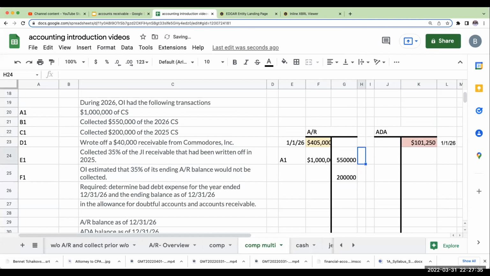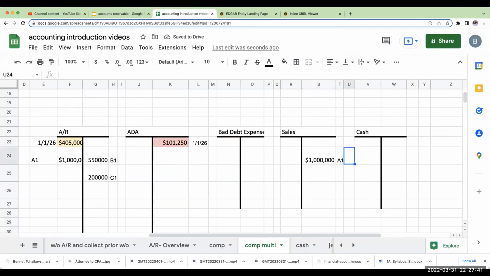So I'm going to go ahead and credit accounts receivable, and then I'm going to be debiting cash. Now, you don't have to go through and debit cash. You can just leave that alone. It's entirely up to you in terms of how you want to handle this. All right. So I've dealt with B1 and C1.